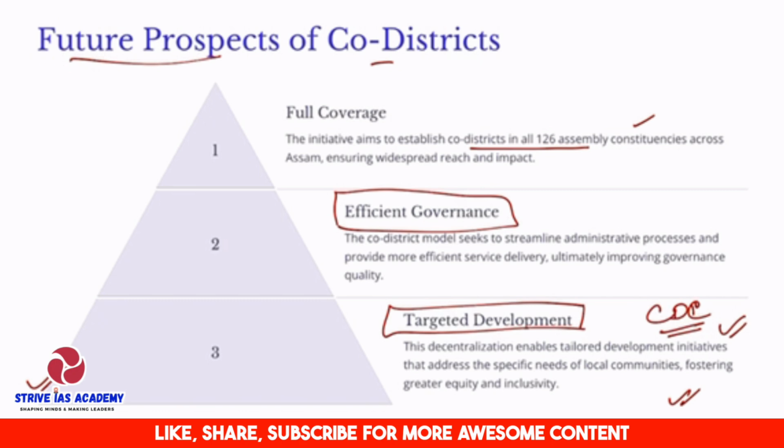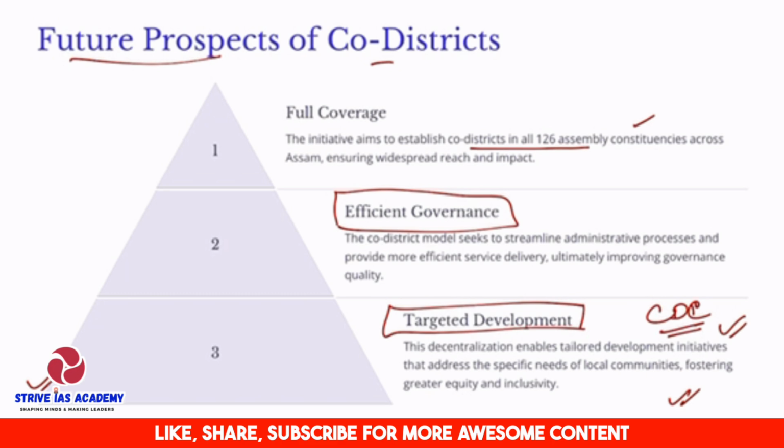Now, is it a new era in district governance? Yes, we can say that it is a new era, because it is a transformative step. It represents a significant step towards more decentralized governance. It will enhance the accessibility, and it will improve the service delivery models of the state.